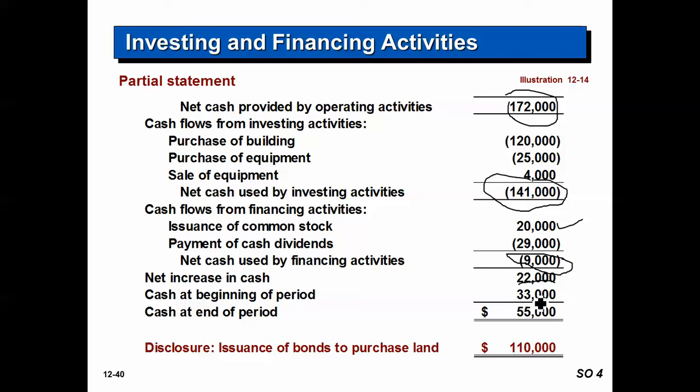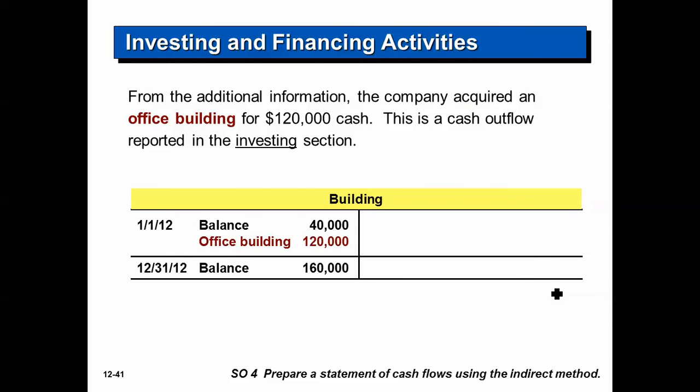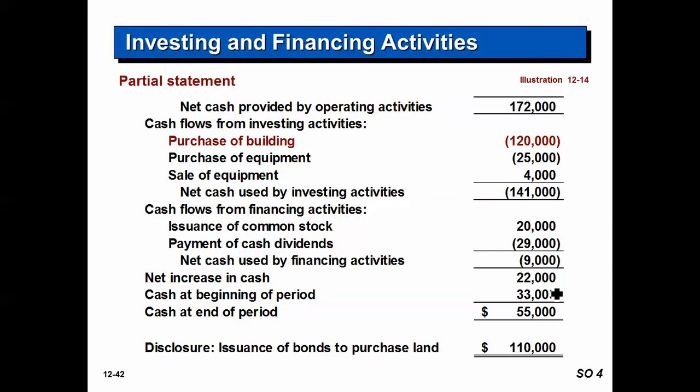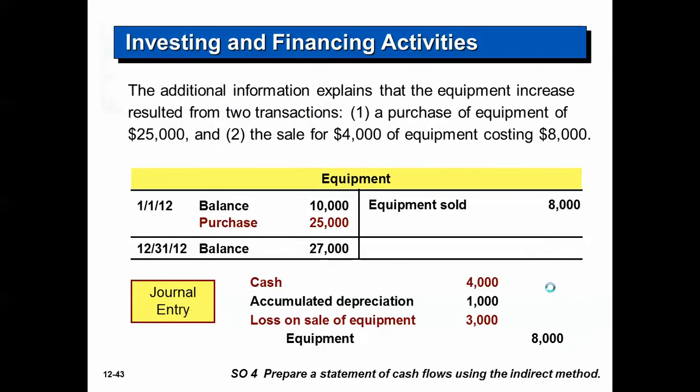And if you look back on the cash item of the balance sheet, you would see that cash at the beginning of 2012 was 33,000, and cash at the end was 55,000. All right, and therefore you can see that the cash went up by the 22,000, and that's how we complete the investing and financing sections.